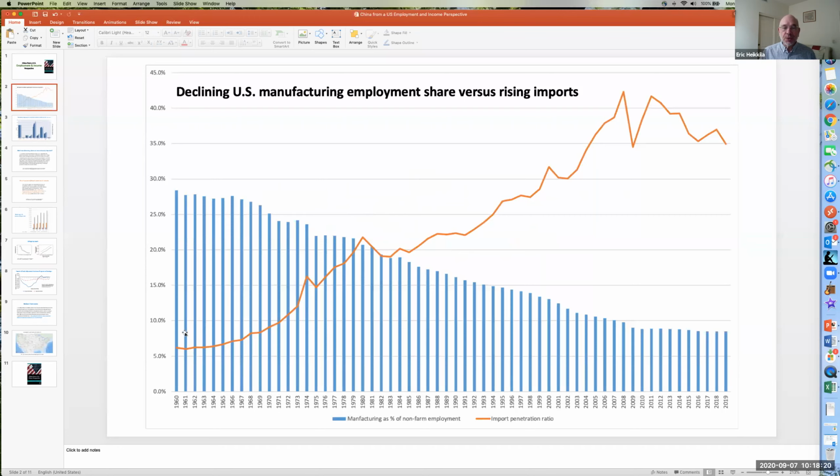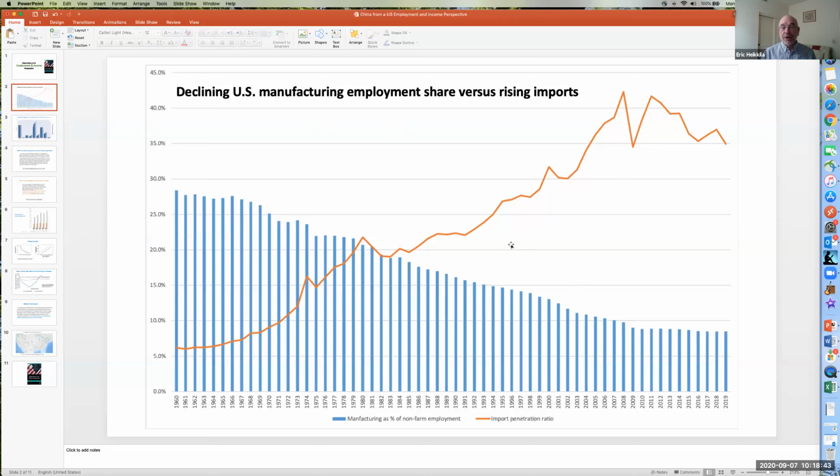And it shows that while import penetration ratios have been rising steadily over the past 6 decades, the manufacturing share of total employment in the United States has been declining.